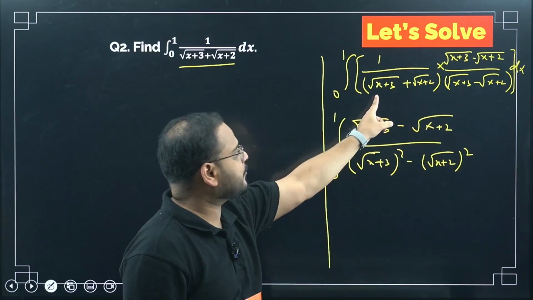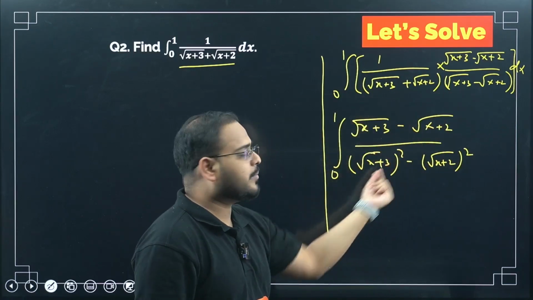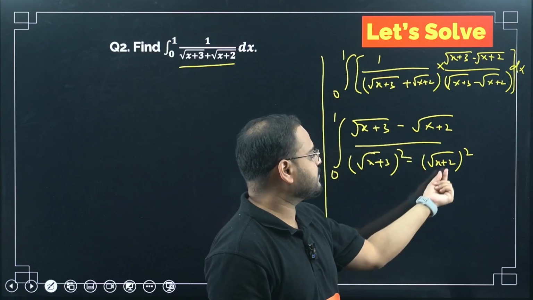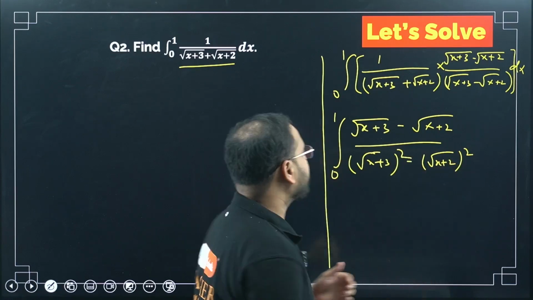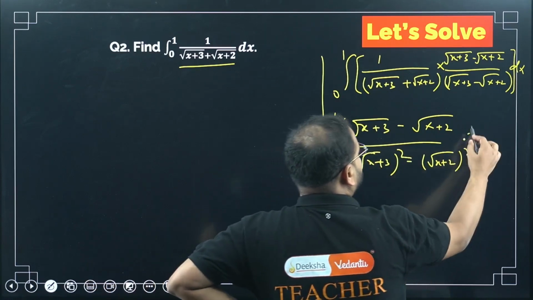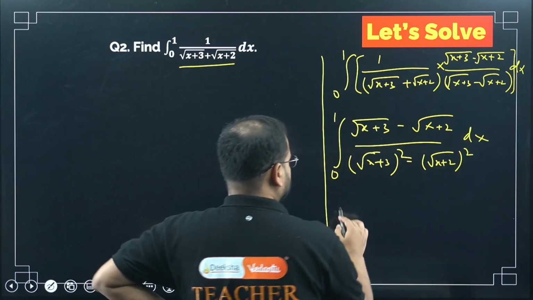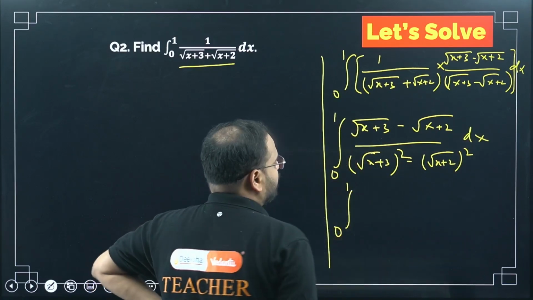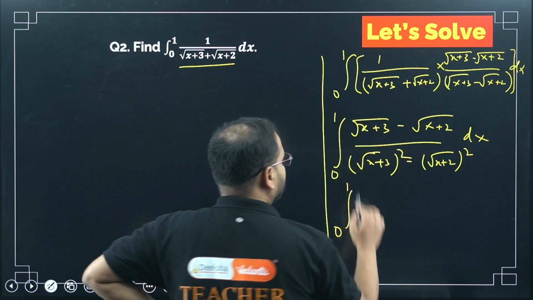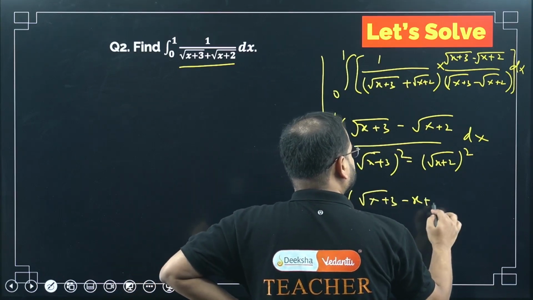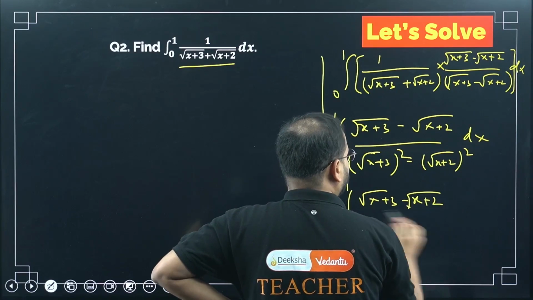A itself is root of x plus 3, so this square will be a squared. In the same way over here, root of x plus 2 is b, so root of x plus 2 the whole square will be b squared. Now what am I going to get here? Please check, dx will be there. I'll get this as the integration from 0 to 1. The numerator will not change, root of x plus 3 minus root of x plus 2, divided by what?